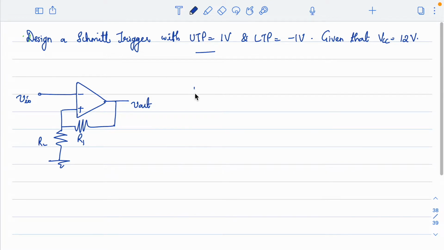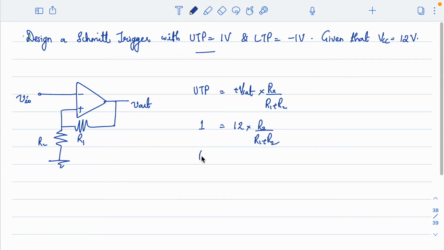So for that we can write the upper threshold point as plus Vsat into R2 by R1 plus R2. Given that VCC is 12, you can consider plus Vsat as that. So 1 is equal to 12 into R2 by R1 plus R2.